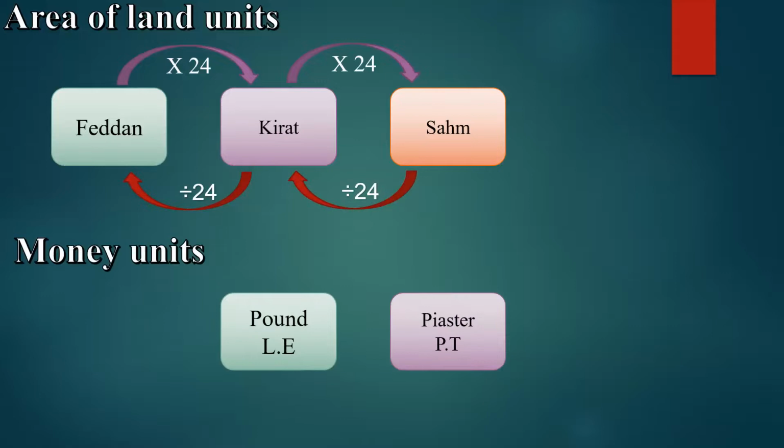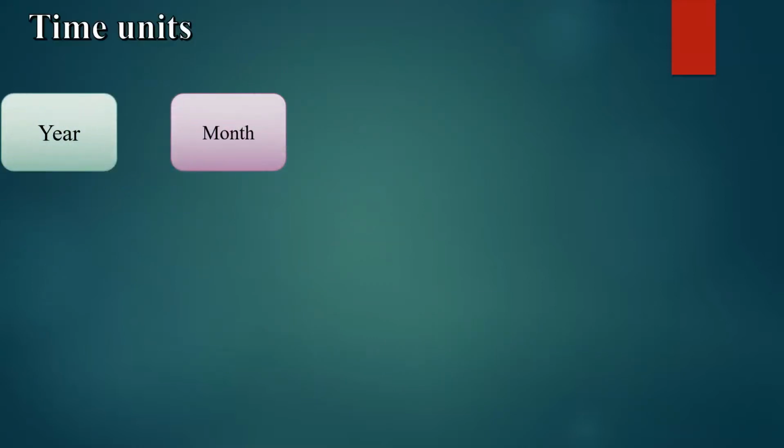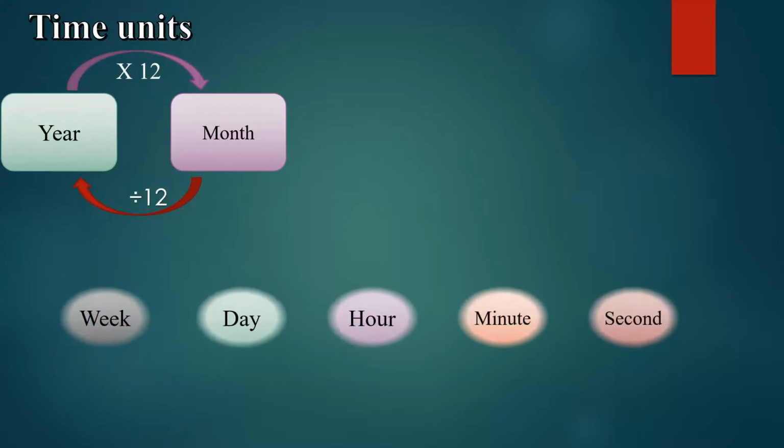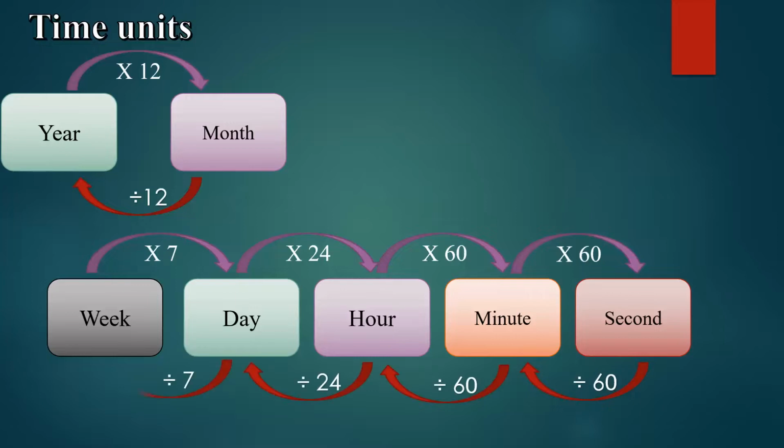Okay, money units, we know that pound or LE and piaster or PT, it will be times 100 or divided by 100. Time units like year and month, times 12 and divided by 12, or week, day, hour, minute, second, from week to day times 7, times 24, times 60, times 60, divided for backward.